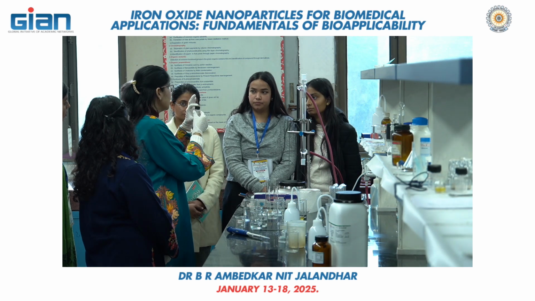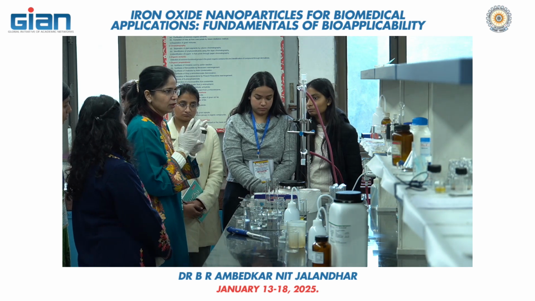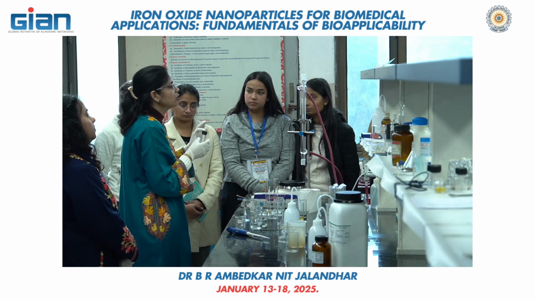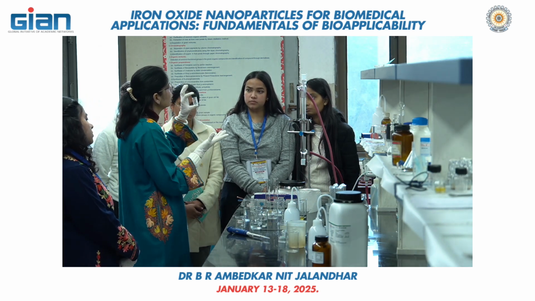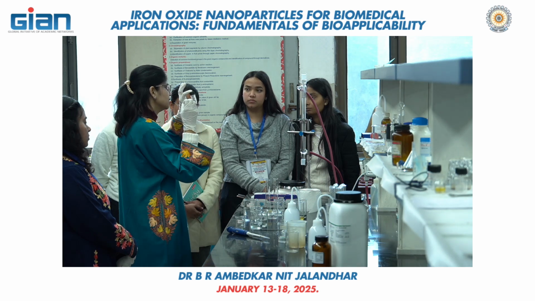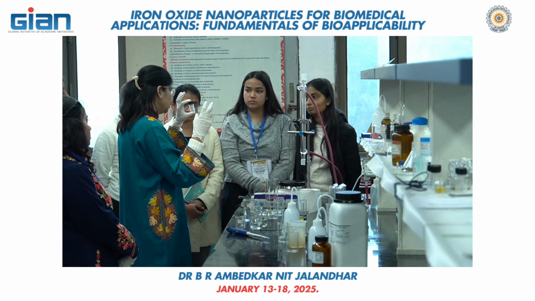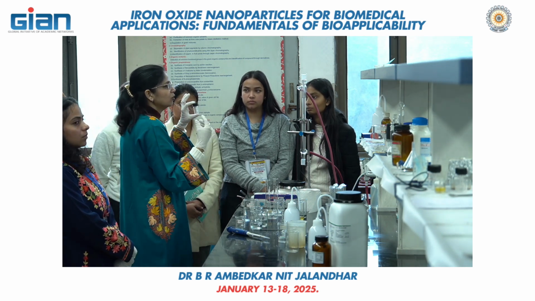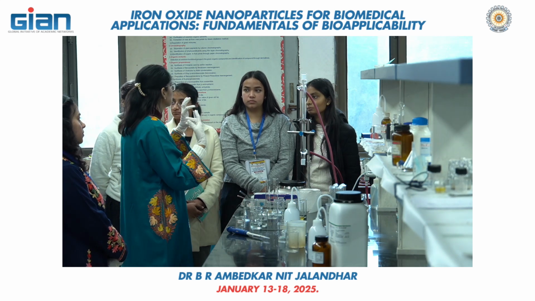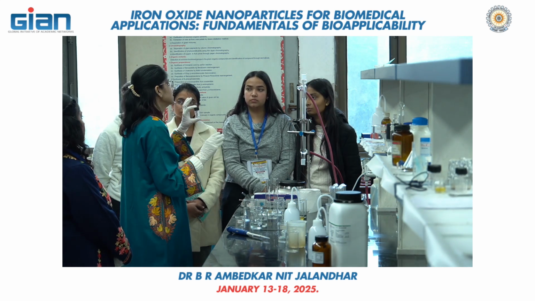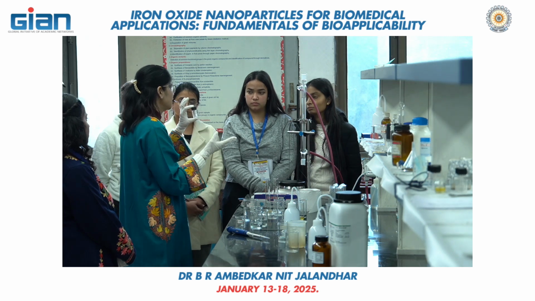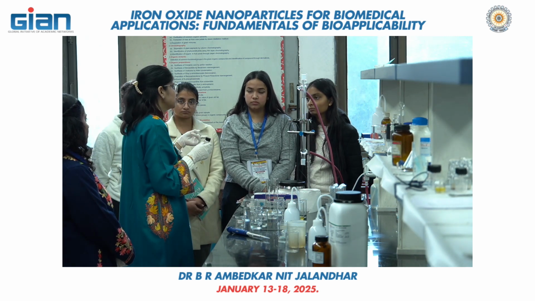Silver and gold are heavy metals, transition metals. In the next tutorial we will synthesize iron oxide nanoparticles, which will be stabilized by the diamine surfactant that you synthesized yesterday.